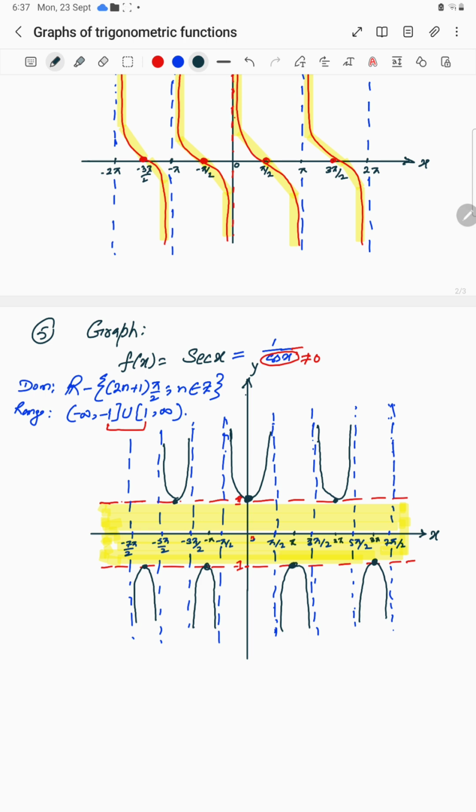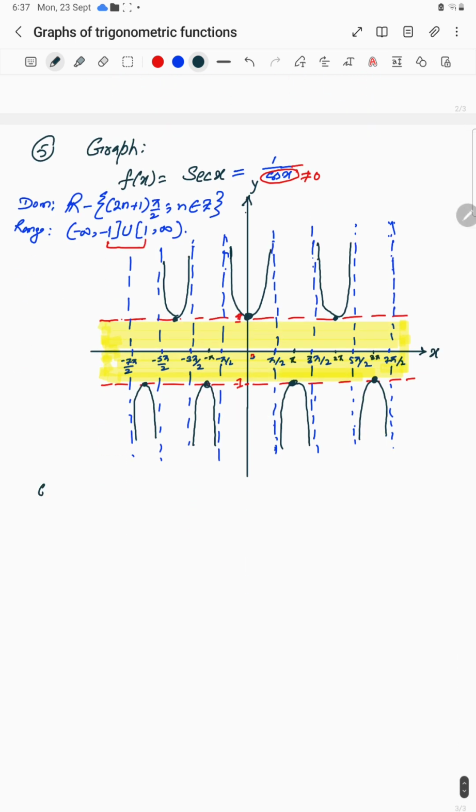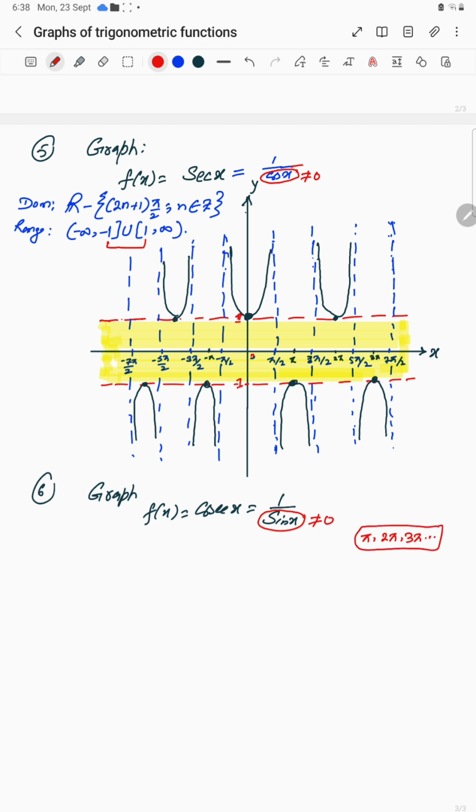In the same way you need to carry on for the other type of graph, the final one, f of x equal to cosecant of x, which is the reciprocal of sine of x. In this case the denominator shouldn't be equal to 0, so like cotangent of x, at multiples of pi, 2 pi, 3 pi, and so on, it will be undefined.